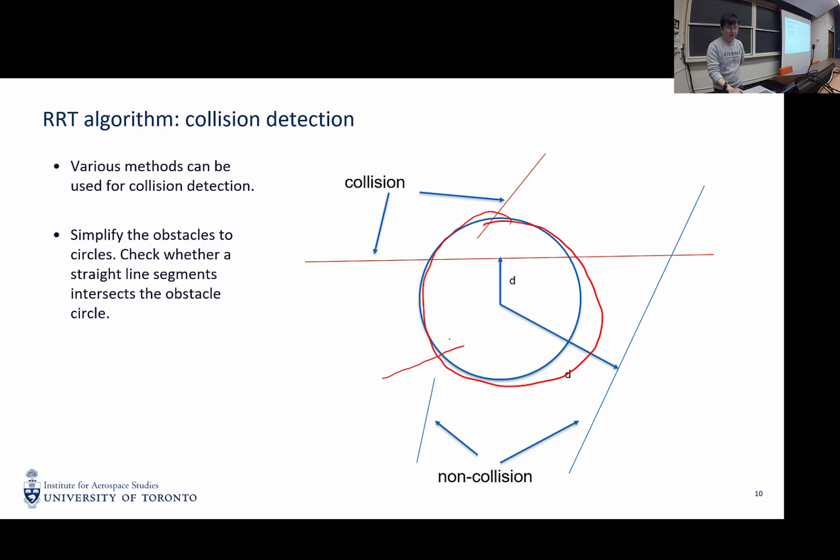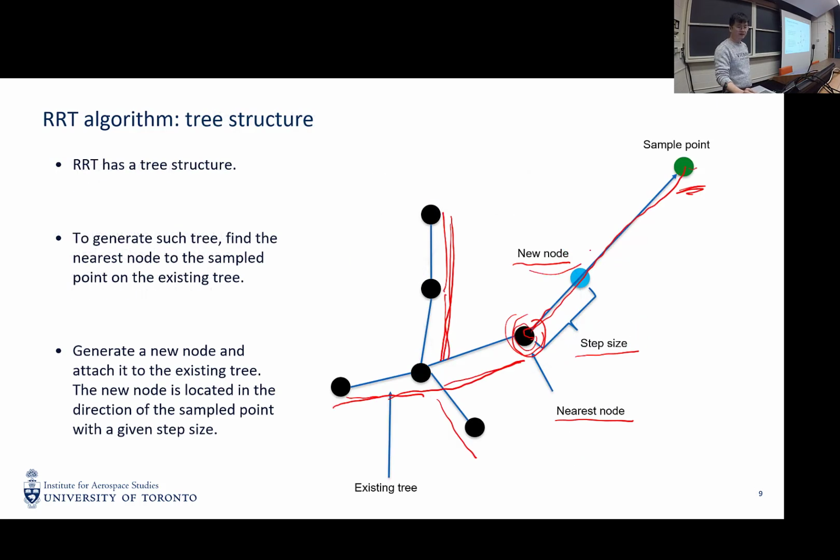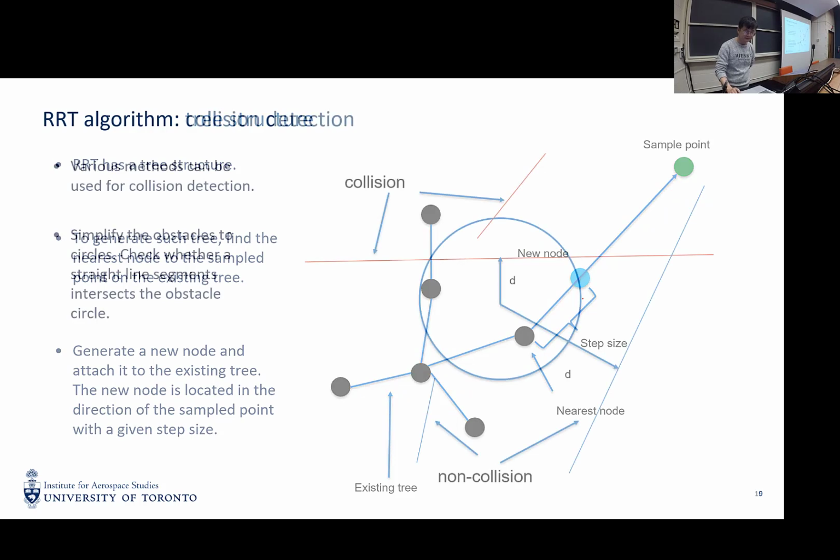Another problem is, since we have the new node, how do we determine whether this step lies in the obstacle or not? We just check whether there's a collision between the new step and the existing obstacles.